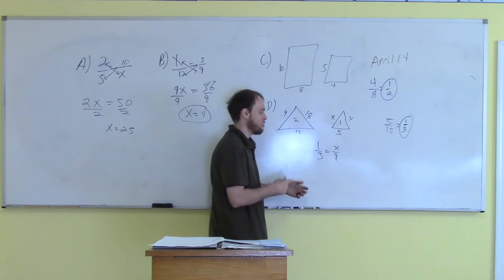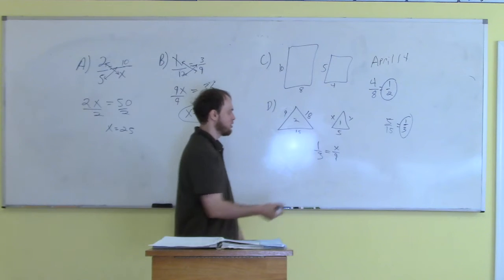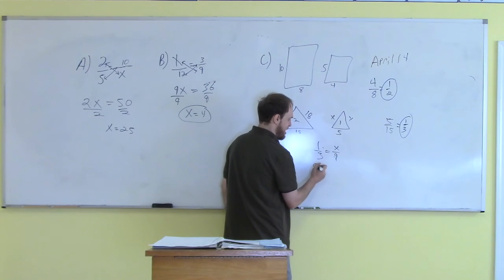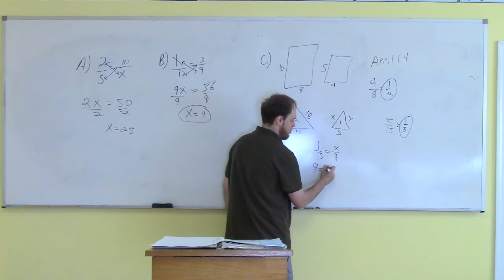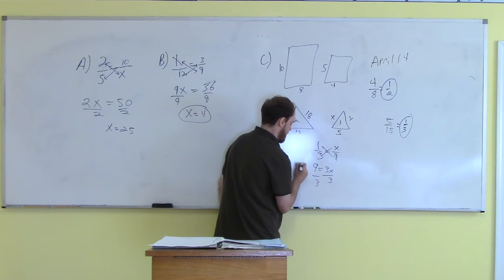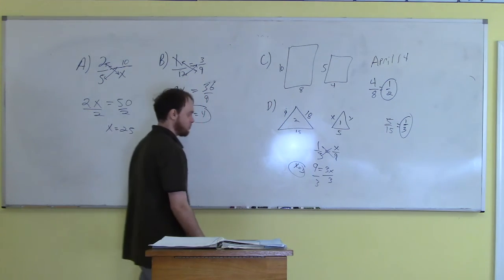At this point, you can just cross multiply and solve for x. So I'm going to do 1 times 9, which is 9, and then 3 times x, which is 3x. Solving for that, x equals 3. So my x would be 3 for this problem.